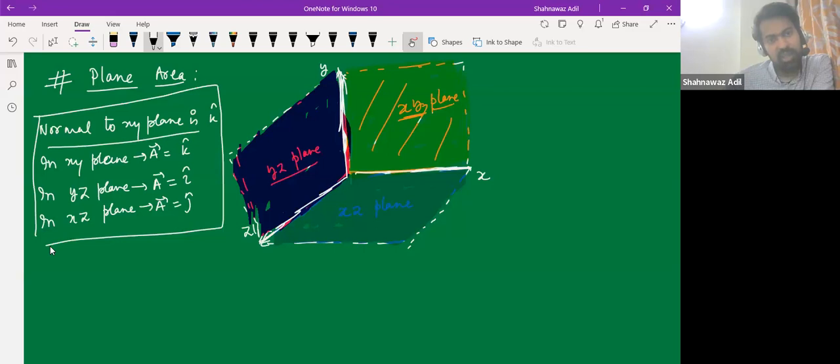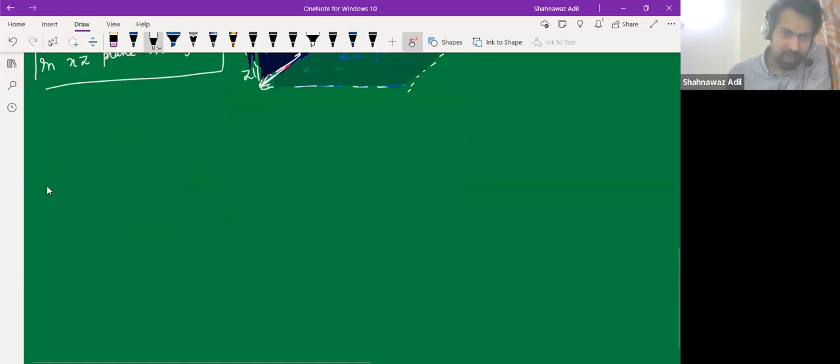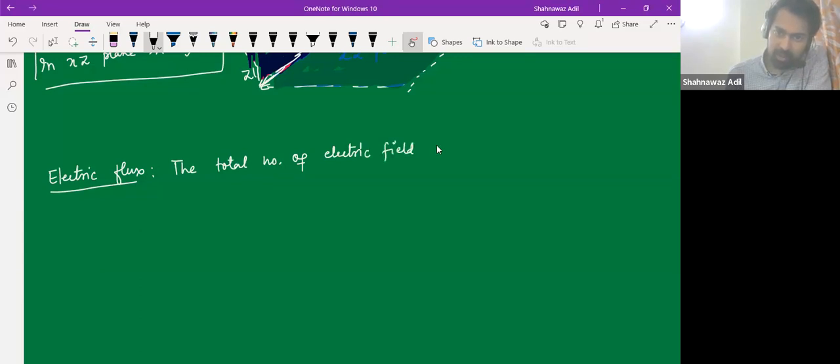Okay, now let us understand about the flux. So what is flux? Electric flux is the total number of electric field lines passing normally to the surface.